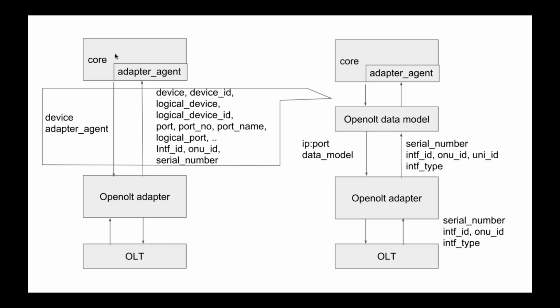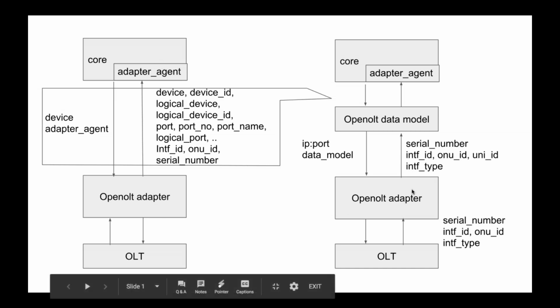Because, for example, what happens now is the core makes a call, or something happens in the adapter, and the adapter doesn't just raise an indication up to the core. It does a few steps, like it gets the device and then does something on it, in a couple of steps where there's a bit of back and forth where the adapter gets things from the core, and that's where the problems are arising.